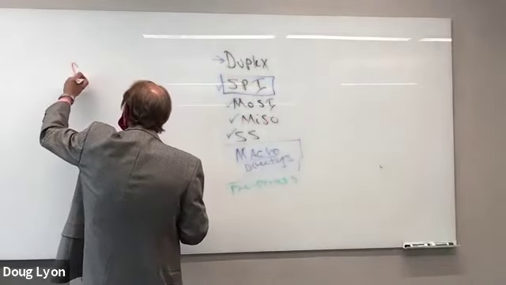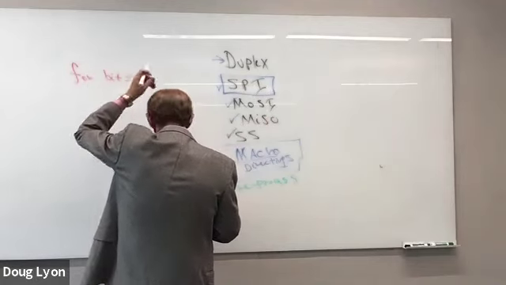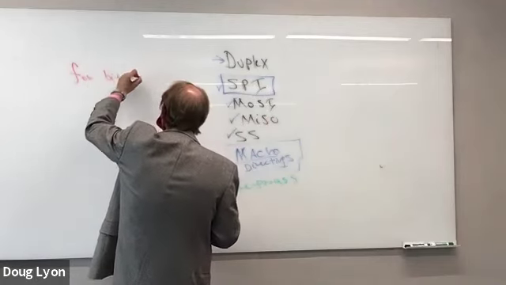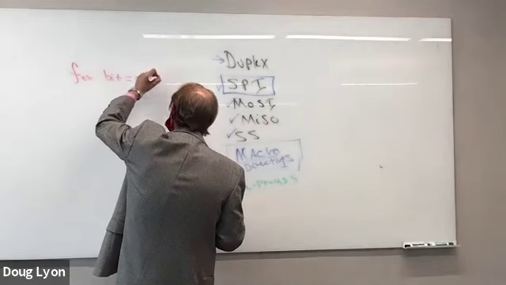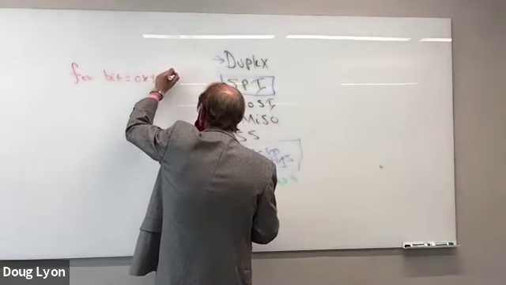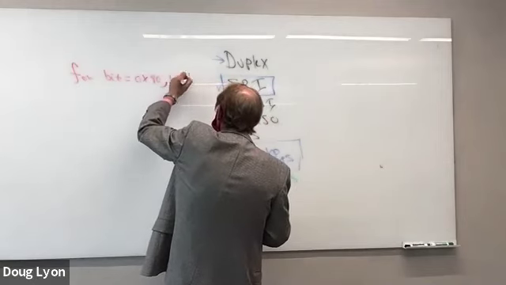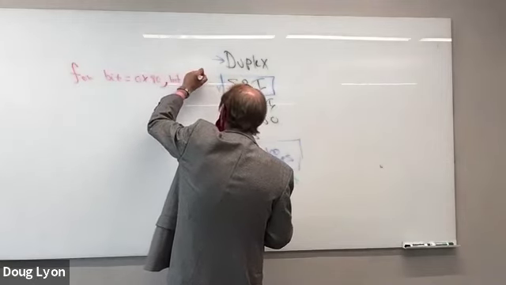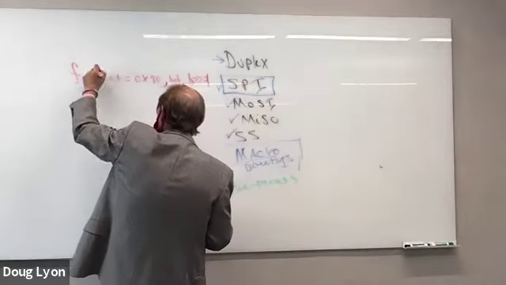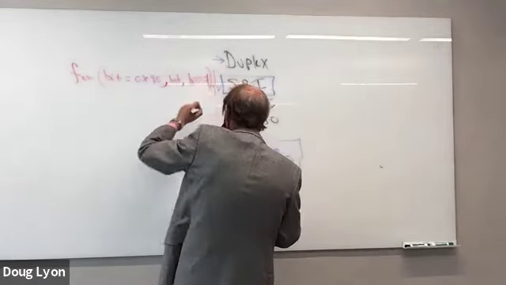Here's a for loop. For bit equals 0x80, semicolon, bit, semicolon, bit greater than equal 1. This is sort of C puzzle code.